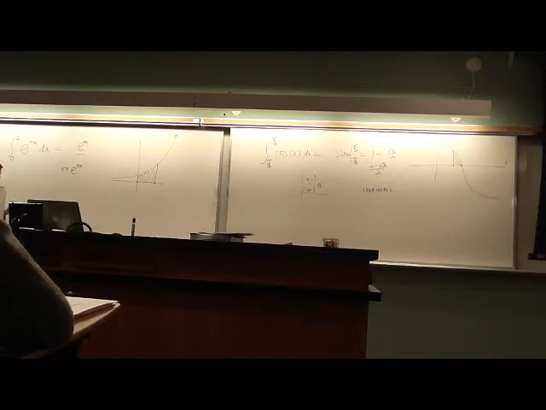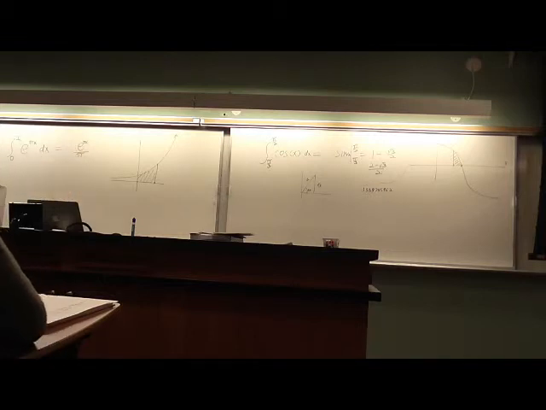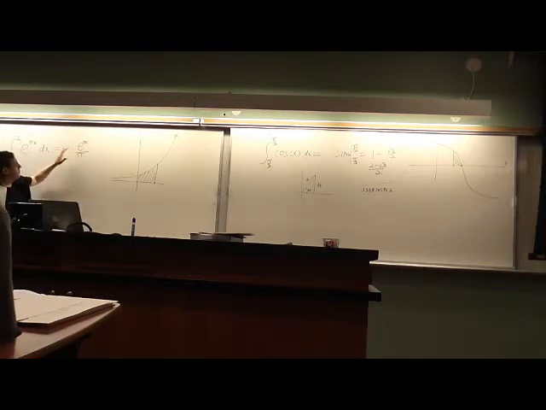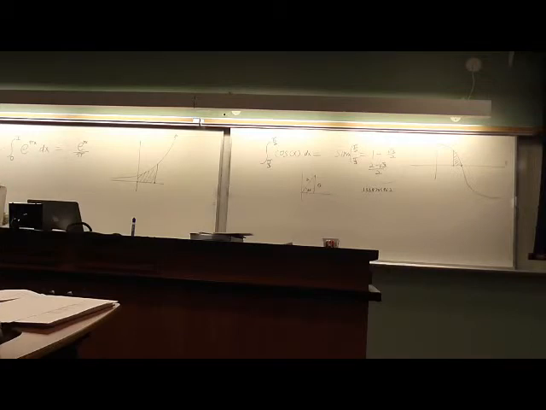Chain rule, right? In other words, e to the pi x is e to the pi x times the derivative of pi x, which is pi. Okay. So I know if I find the derivative of this, I get this, but that's not what I want. I want this. So it would help if I start off with e to the pi x over pi. Now when I find the derivative, it's going to come out right. Okay?